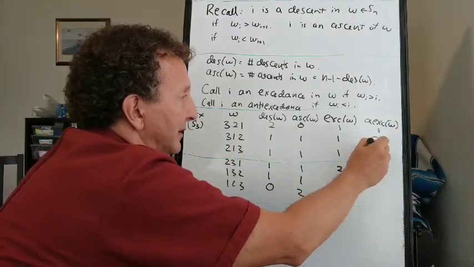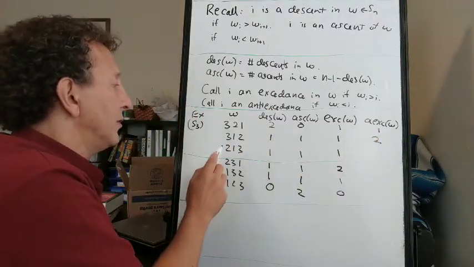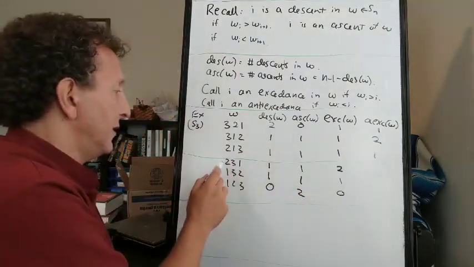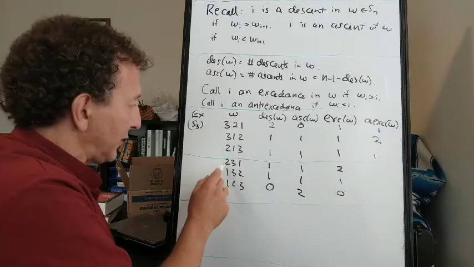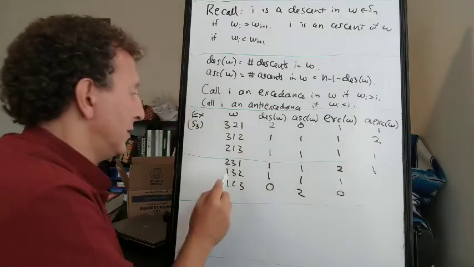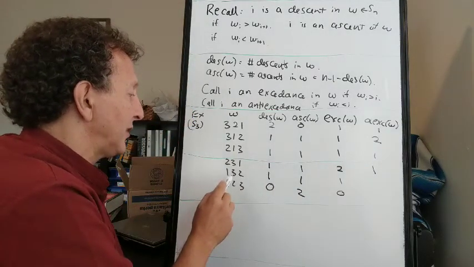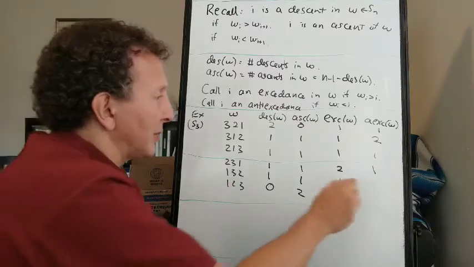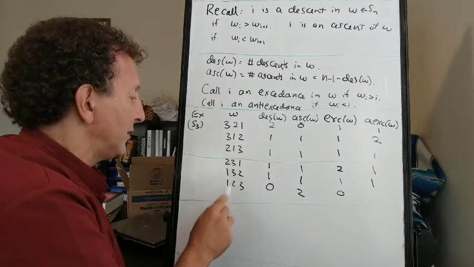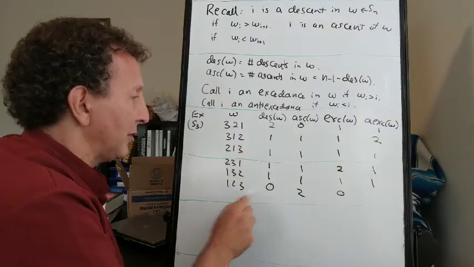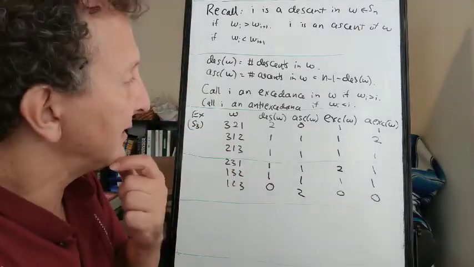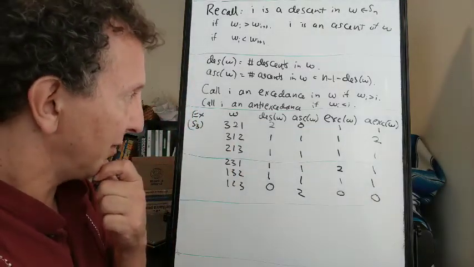So 2 anti-exceedances. 2 is not smaller than 1, 1 is smaller than 2, so that's 1 anti-exceedance. 2 is not smaller than 1, 3 is not smaller than 3, but 1 is smaller than 3. 1 is not smaller than 1, 3 is not smaller than 2, but 2 is smaller than 3. And then 1 is not smaller than 1, 2 is not smaller than 2, 3 is not smaller than 3. So 0 anti-exceedances. So we can see that exceedances plus anti-exceedances don't add up to 2 all the time.